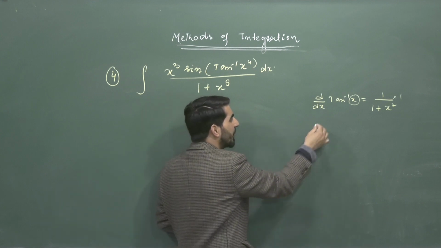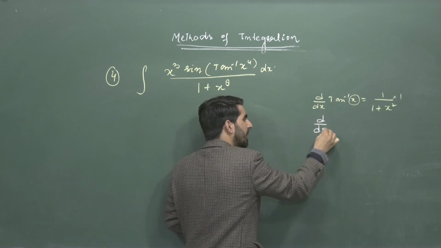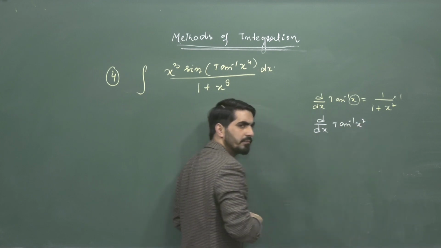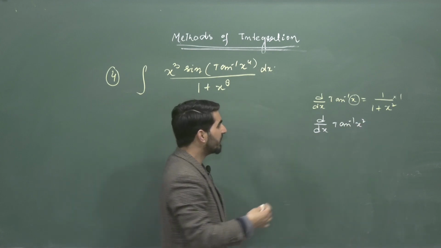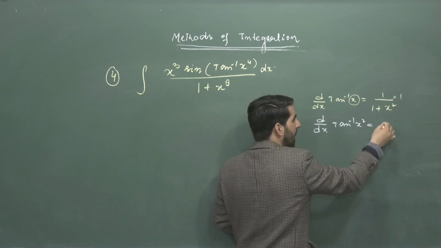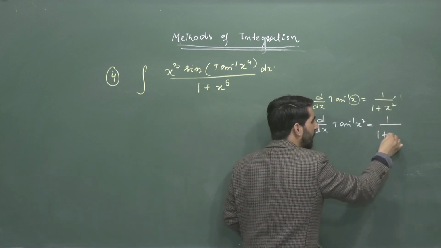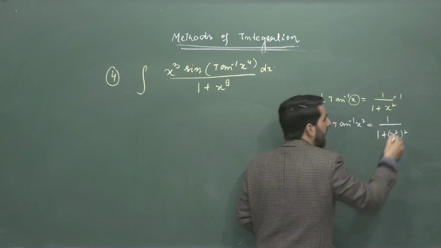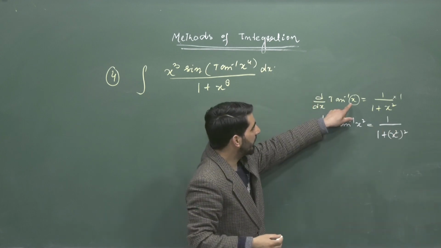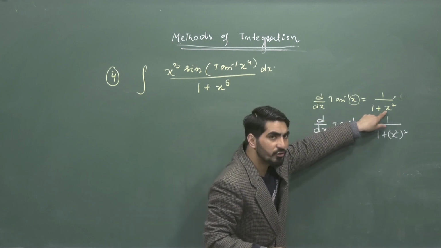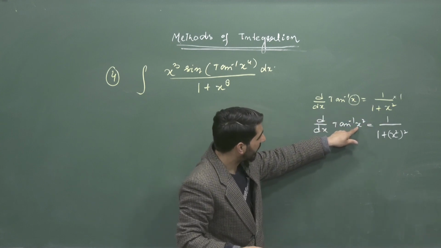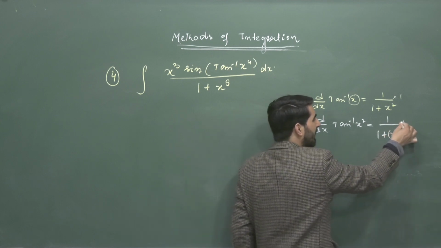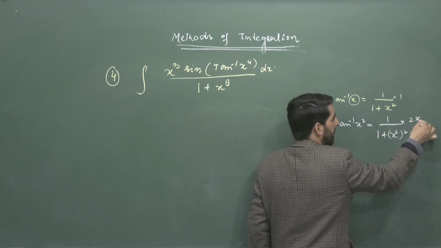Now if we have to differentiate tan inverse of x square, its differentiation will be same as 1 divided by 1 plus theta square. Here theta is x square, whole square. Here is x, we write here x square, here is x square. We write here x square whole square. Internal differentiation of x square is 2x.